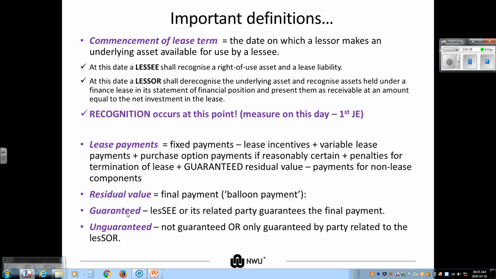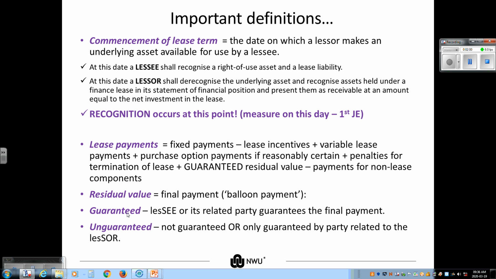Your Gripping GAAP gives a good example in paragraph 9.3.6, which says a lessee guarantees that the underlying asset will have a value of 100 Rand at the end of the lease. However, at the commencement date, the lessee actually believes that at the end of the lease, the asset will only have a value of 20 Rand.